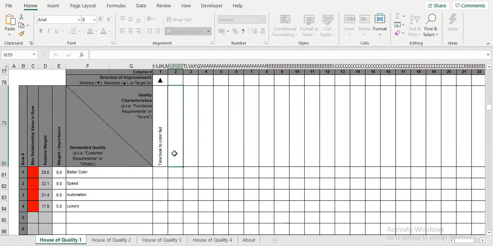Next one is speed. Maybe you can include the number of colors, again better color, so maybe shining color, maybe on target. These two are for color fading. Next, speed, maybe engine horsepower.